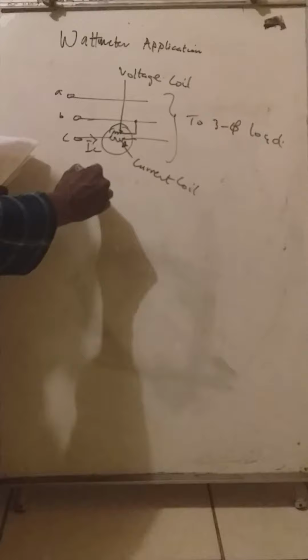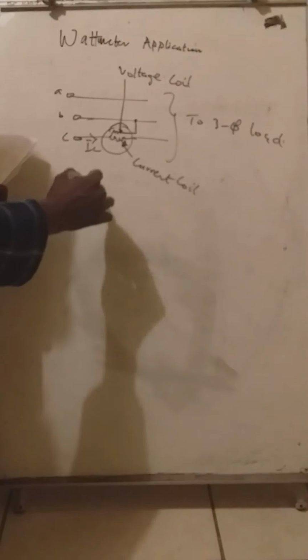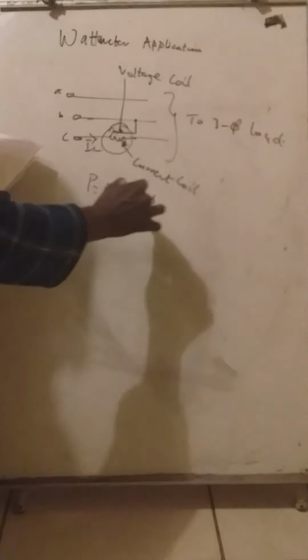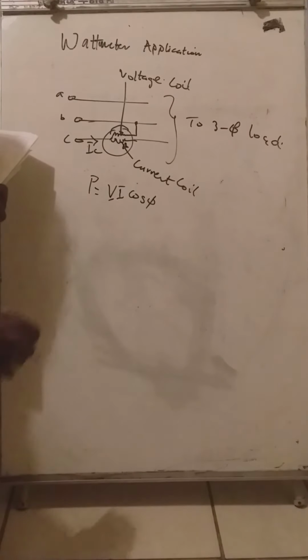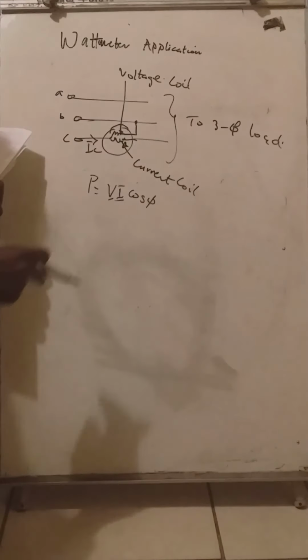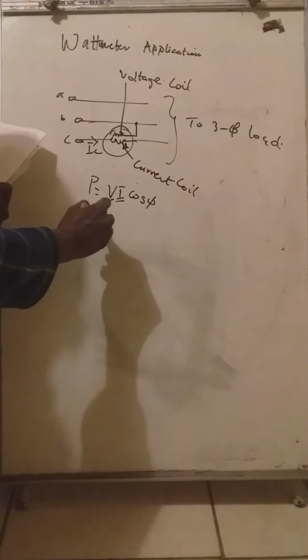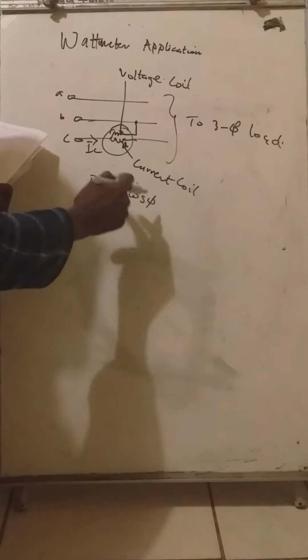The power measured by the wattmeter is made up of the current reading and the voltage reading combined with the power factor, where V is the reading in the voltage coil, and I is the reading in the current coil, multiplied by the power factor, which is cos phi, where phi is the angle between the voltage and the current.